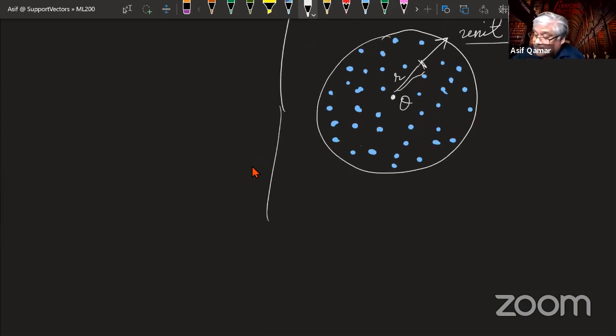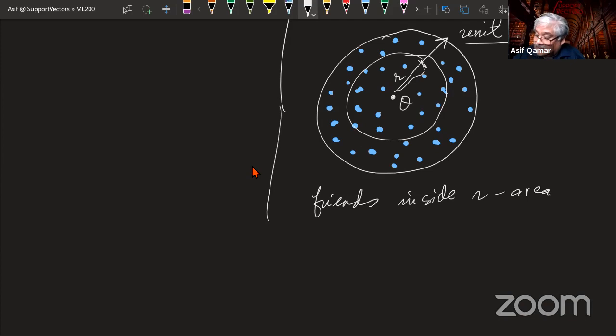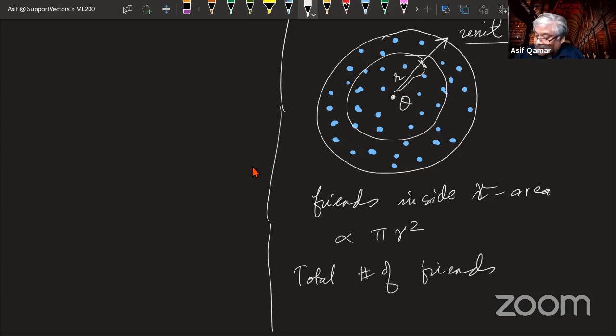You would say that the area, the number of friends inside R area, is proportional to pi r squared. And the total number of friends is pi 1 squared, which is pi, isn't it?